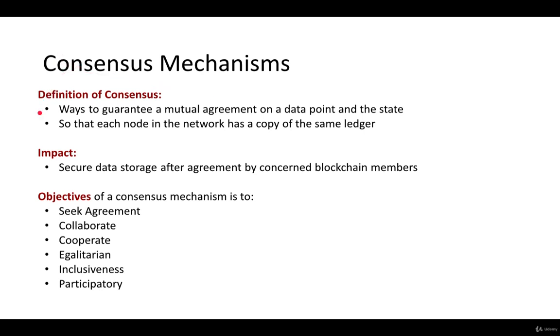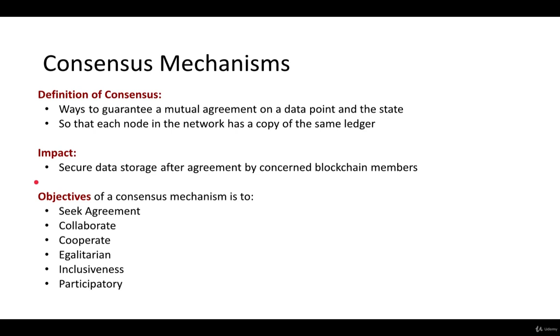So it's very important to understand that without consensus, blockchain does not exist. So consensus mechanism basically involves the decision making process to ensure that the correct validated data or the transaction is entered into the block.